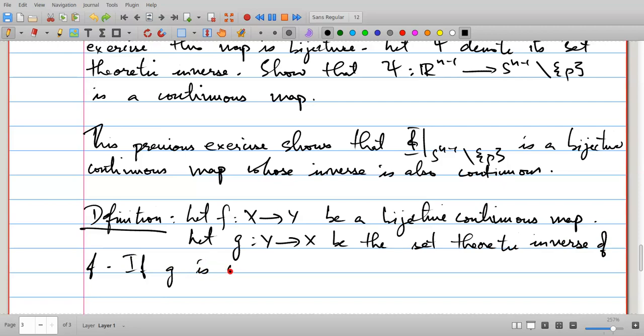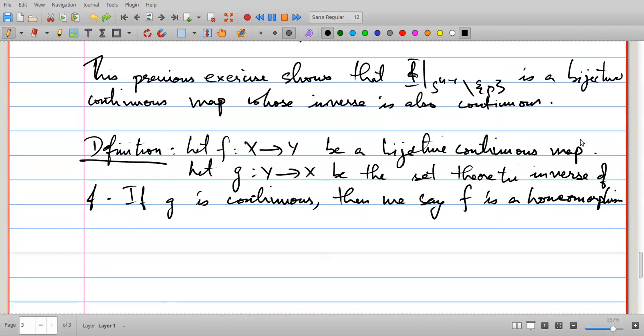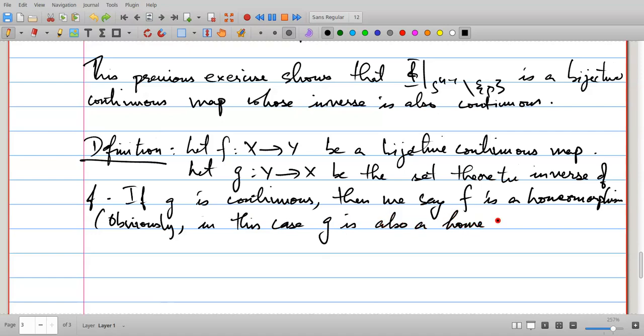If g is continuous, then we say f is a homeomorphism. Obviously, there's a simple remark which I leave as an exercise: in this case g is also a homeomorphism.